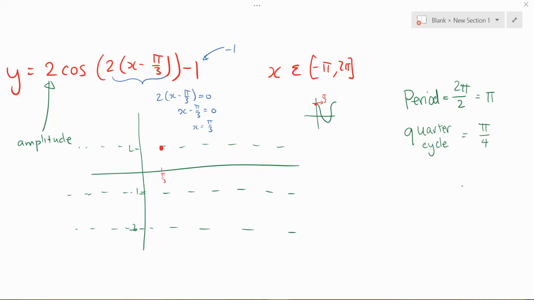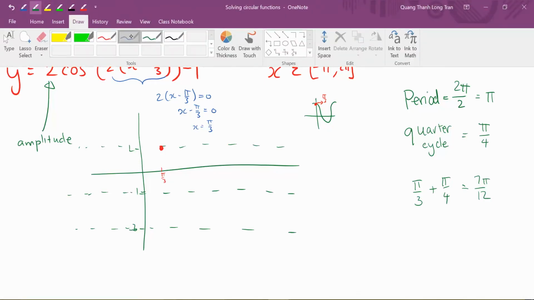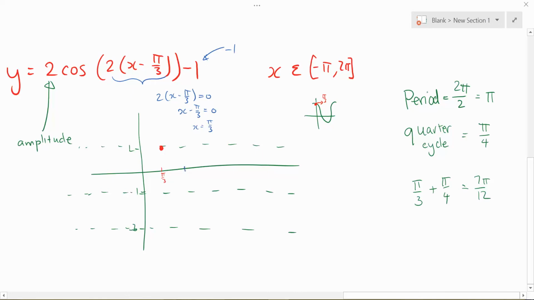So this is where it gets tricky. So pi on 3, to get to the next quarter cycle, it should be plus pi on 4, right? Which is 7 pi on 12. Just bear with me right here, this is where it gets confusing. So you know that the next part should be 7 pi on 12, true? But think about how much you added on.